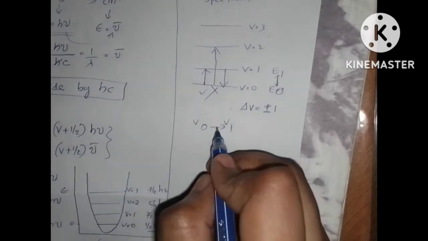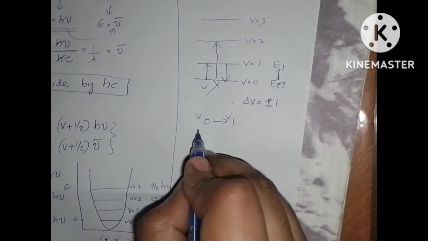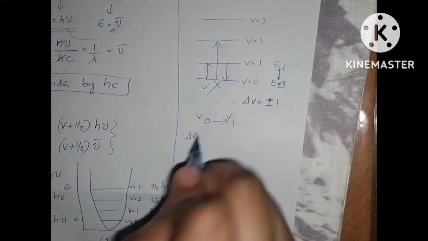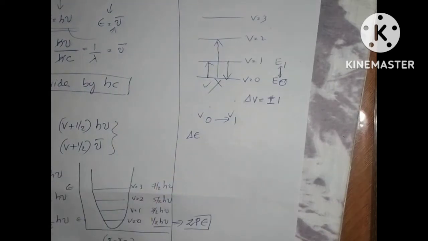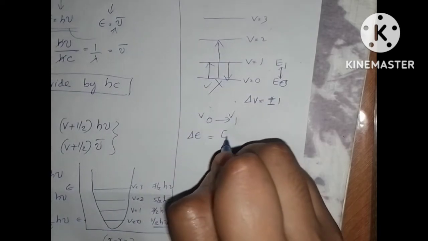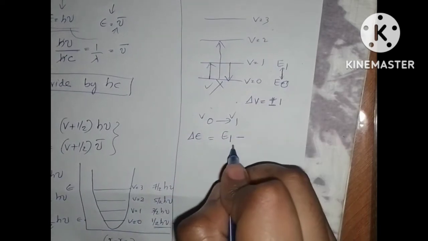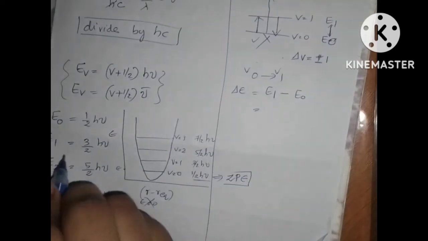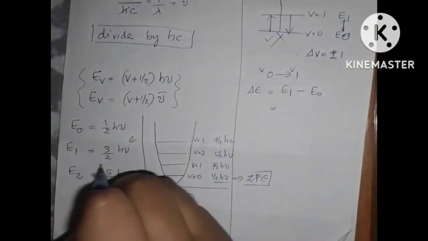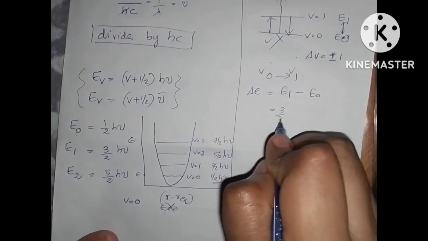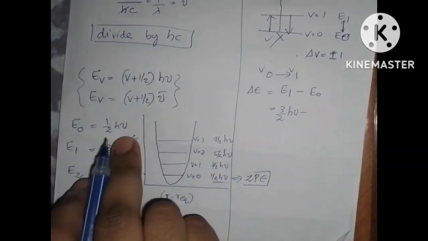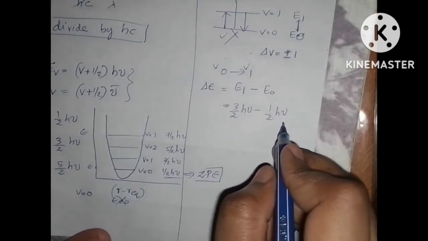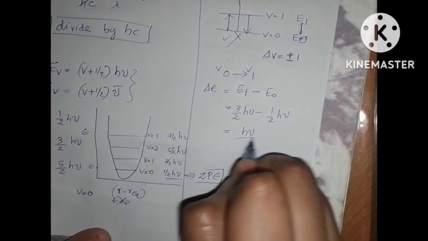So delta E equals energy of first level minus energy of 0th level. The first level is 3 by 2 h nu and the 0th level is half h nu, so 3 by 2 h nu minus half h nu gives h nu.